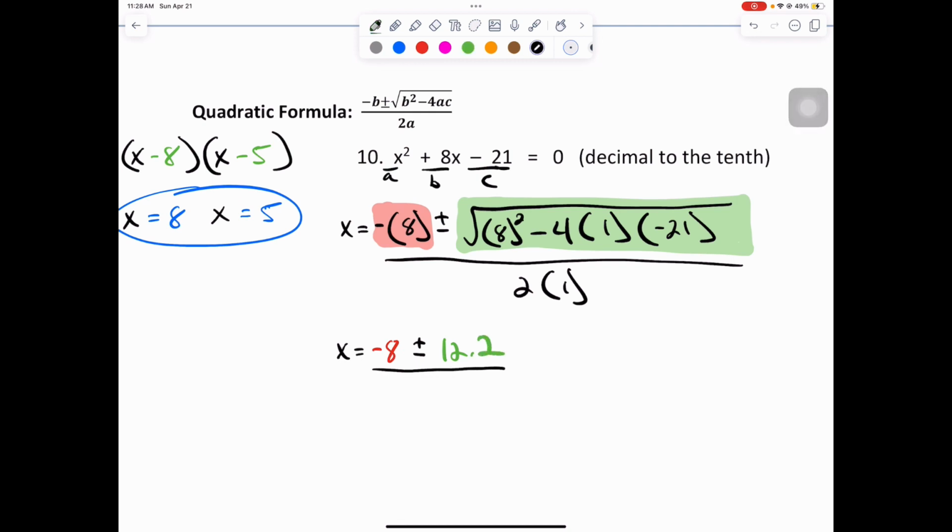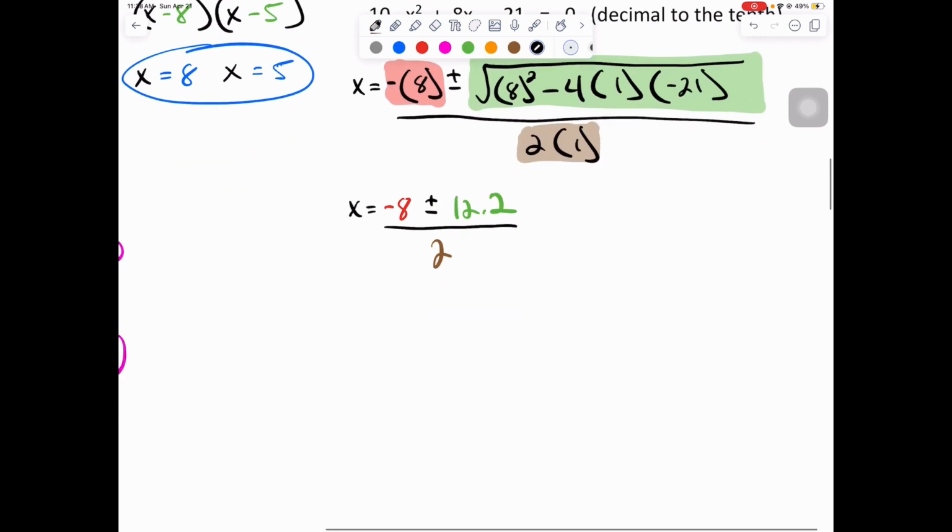And we will set that over our 2 times 1 in brown. Please don't frown. I know it's a little long, but it's okay. You've got this, and yes, we've got this. All right, so we will set it up again as 2 separate equations here. X equals, we have our negative 8 plus 12.2 over 2.